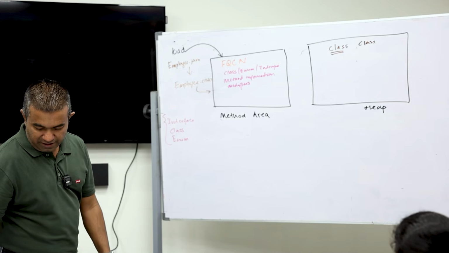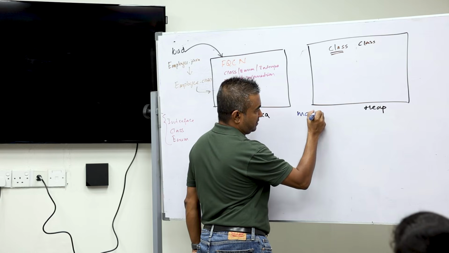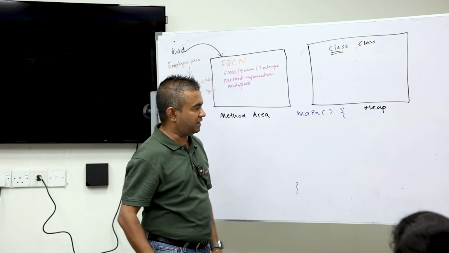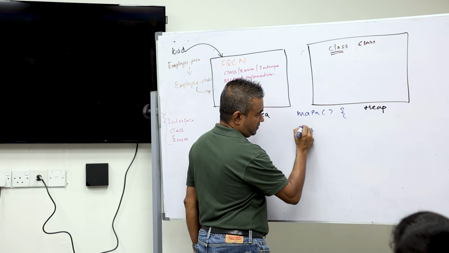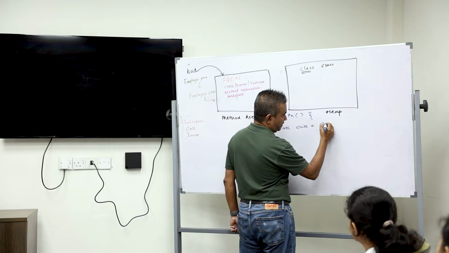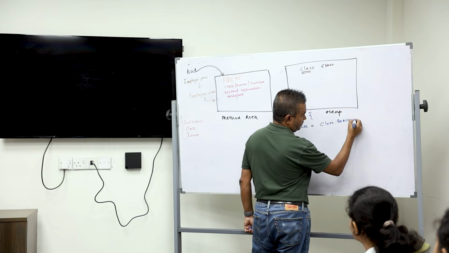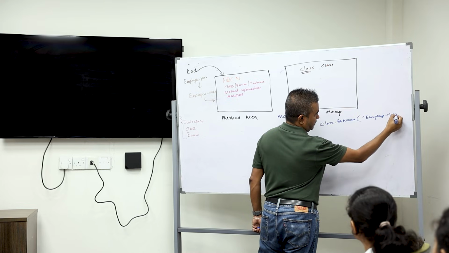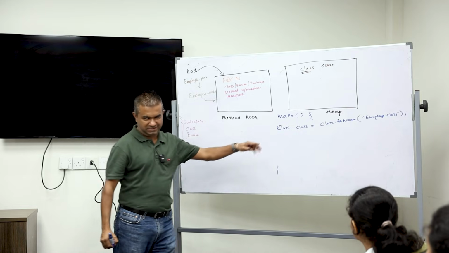For example, in your code you can write something like this inside the main method, the standard public static void main(String[] args). You can say Class c = Class.forName("employee"). I don't exactly remember, it's something similar to this.